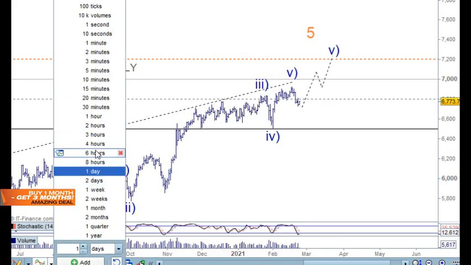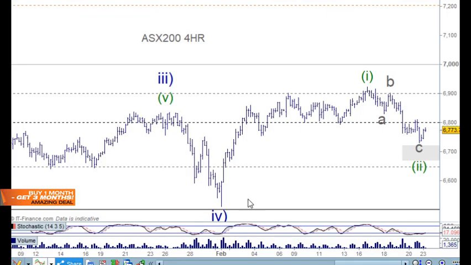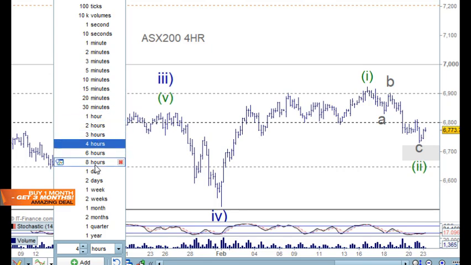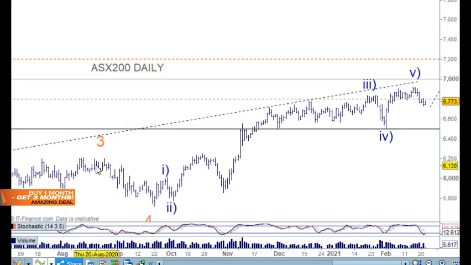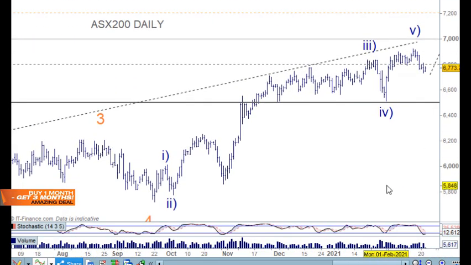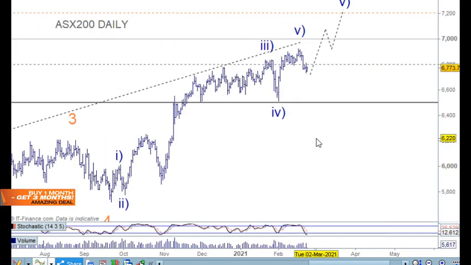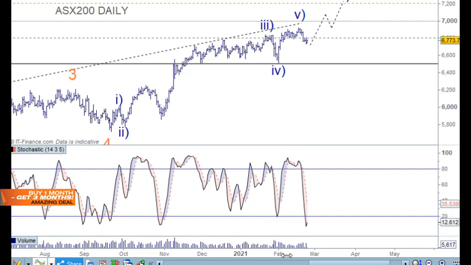So on the 4-hour chart, or actually, just to go back one step, just one other little point here, not that it's a biggie, but I just thought it was interesting that the stochastics here are at the extreme low.